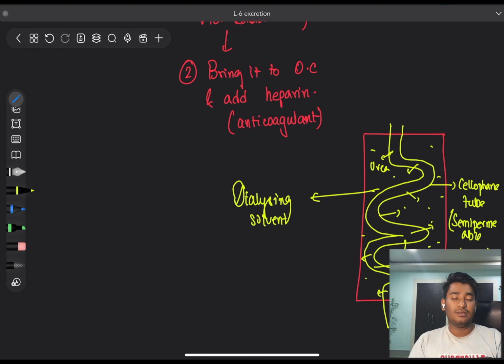The dialyzing solution is the same as plasma, but lacks nitrogenous waste.